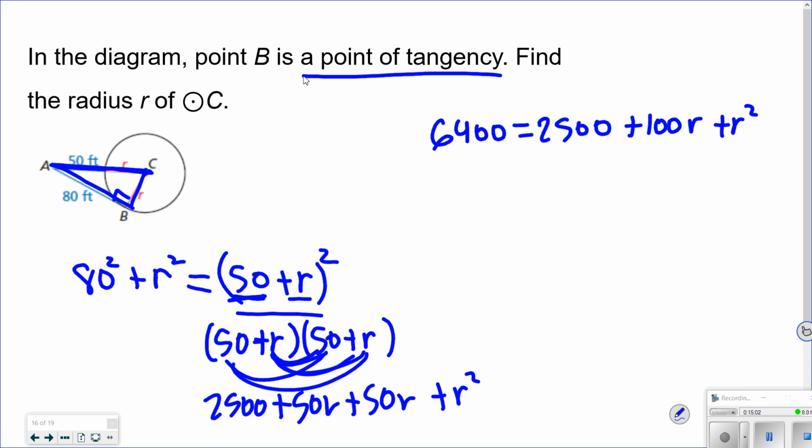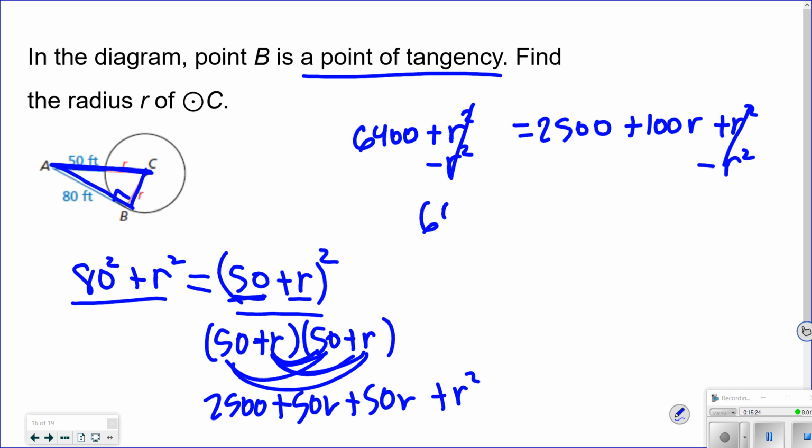Oh, sorry, I forgot something back here. This was 80 squared plus r squared, so this should be 6,400 plus r squared. Okay, I'm just going to go through and solve this now. I'm going to get the r squareds together, so I'm going to subtract r squared from both sides. What ends up happening is those two just cancel out, which makes our life a little bit easier. 6,400 equals 2,500 plus 100r.